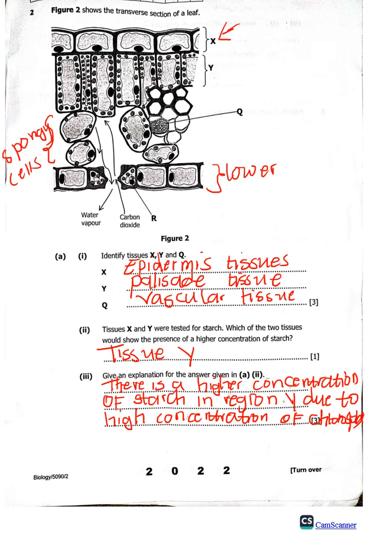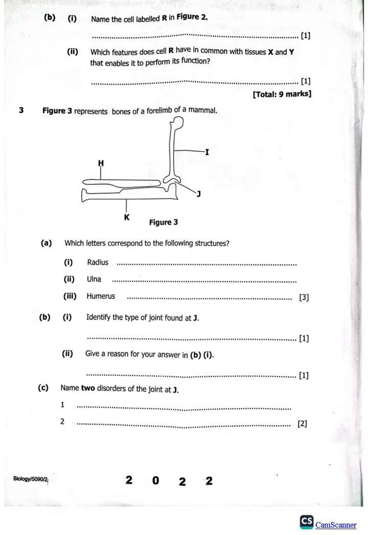Now let's move on to question B1. Name the cell labeled R in figure 2. So that is the guard cell.